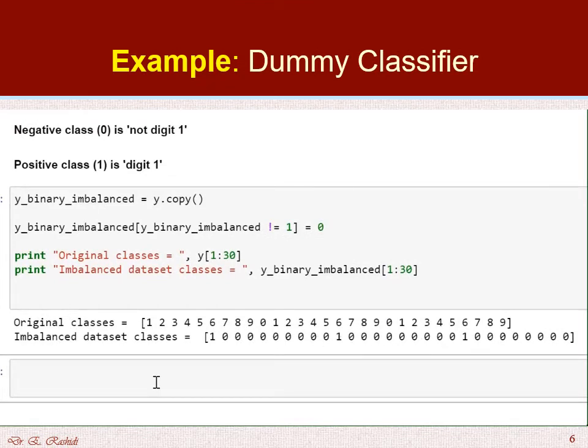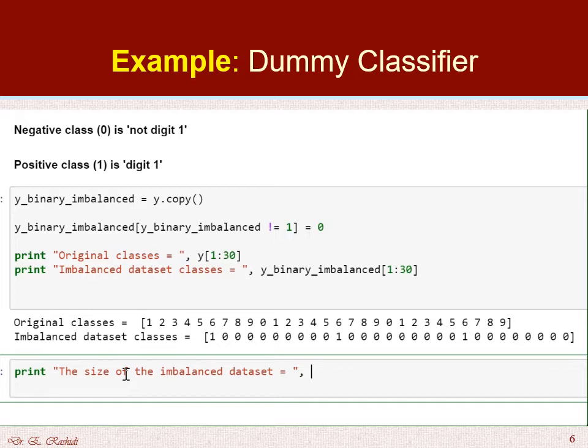You can also print out and compute the size of the imbalanced dataset, meaning how many data points are class 0 and how many are class 1. Let's go ahead and do that. I'm going to print the size of the imbalanced dataset using NumPy bincount.